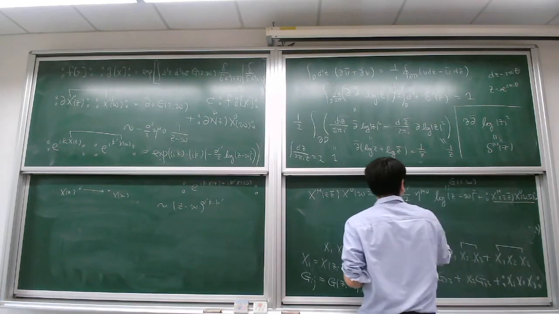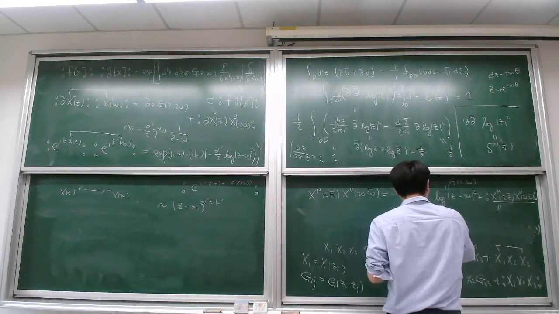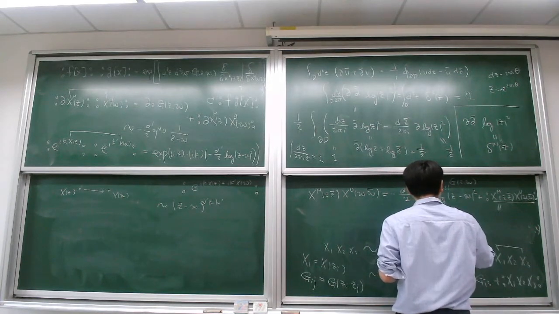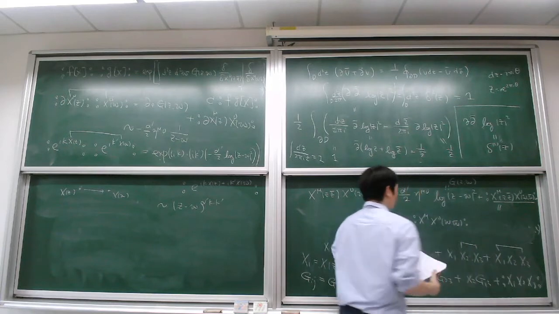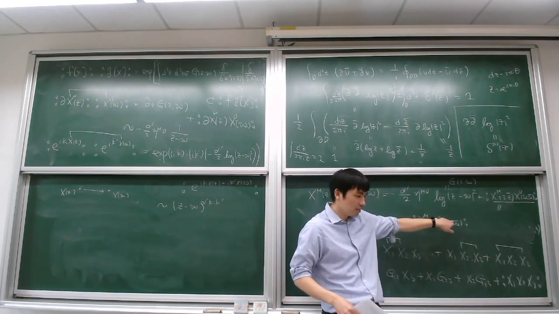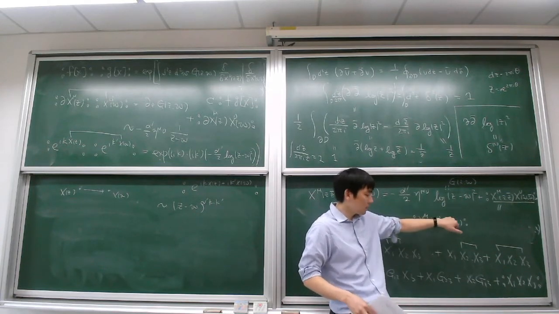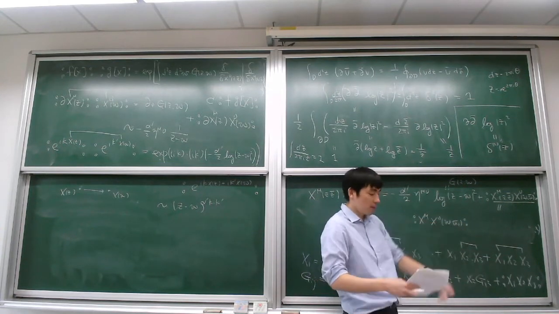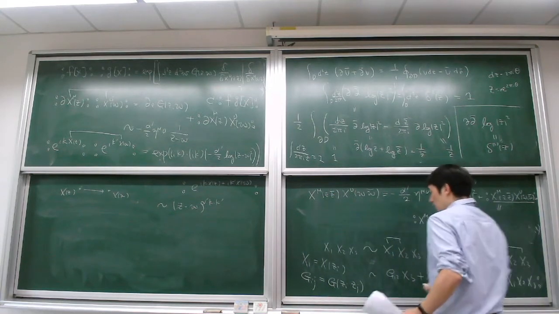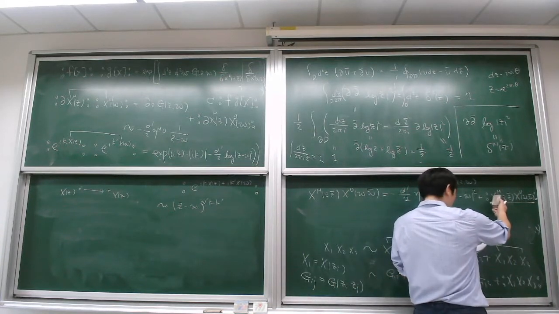So this one is equal to X mu of w, w bar. Now even though this operator only depends on w, we need to do the Taylor expansion so that for the rest of the part you just need to act the derivative on here.